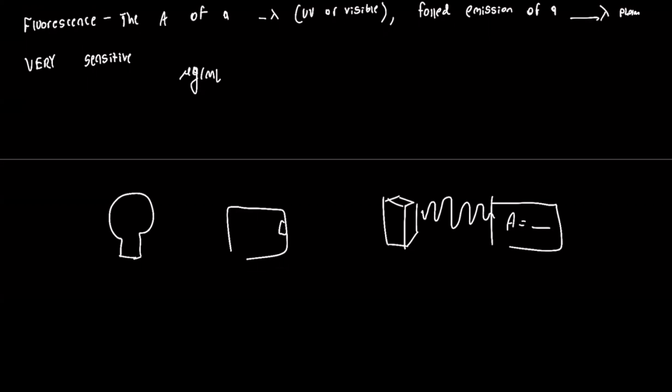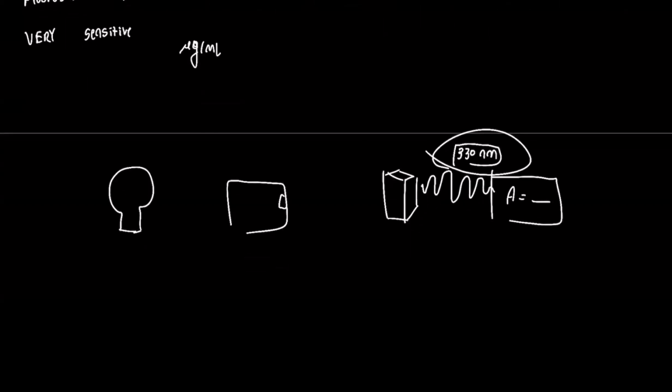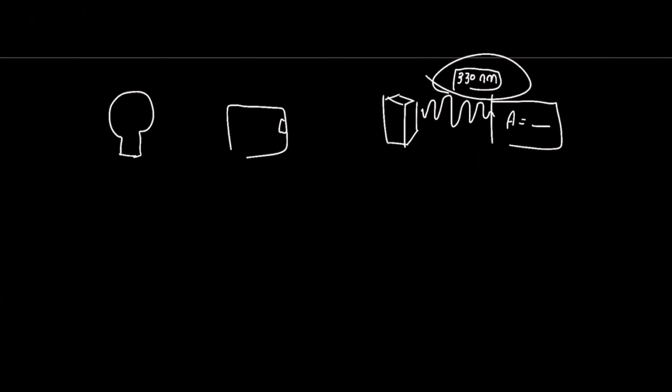All you're seeing is, okay, something's happening at 330 nanometers, for instance. We are not shooting that through it, so it has to be fluorescing. So the molecule is there. That's a very important thing about fluorescence.